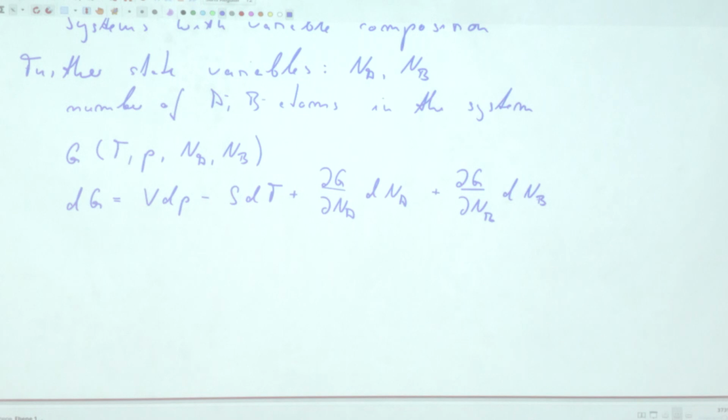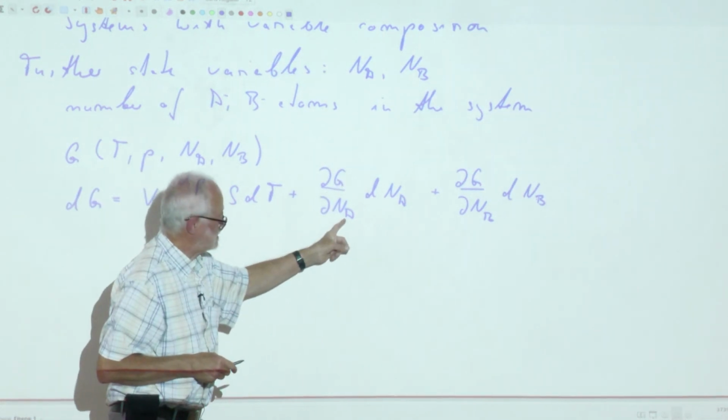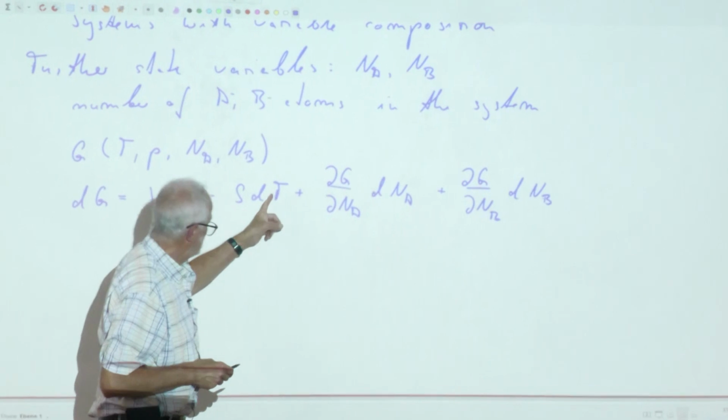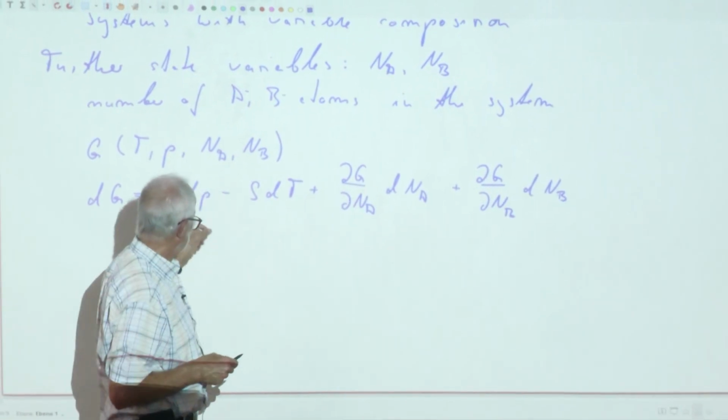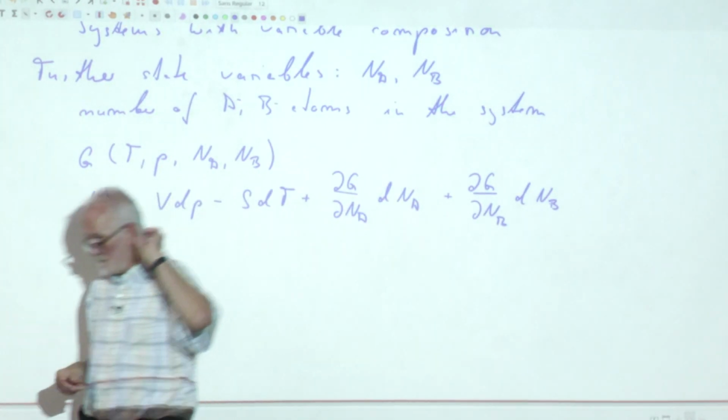One has to be a bit careful, but that's what you hopefully learned in calculus. Of course, these partial differentials are taken where all the other quantities are constant. So this is at constant P, constant temperature, and constant number of B atoms, and so on.